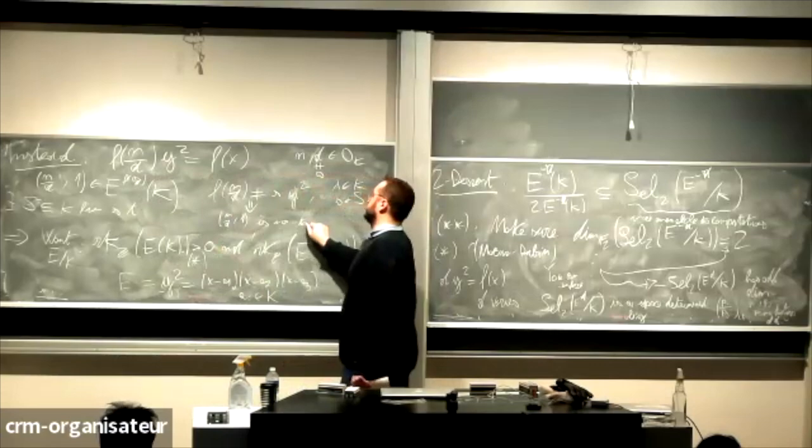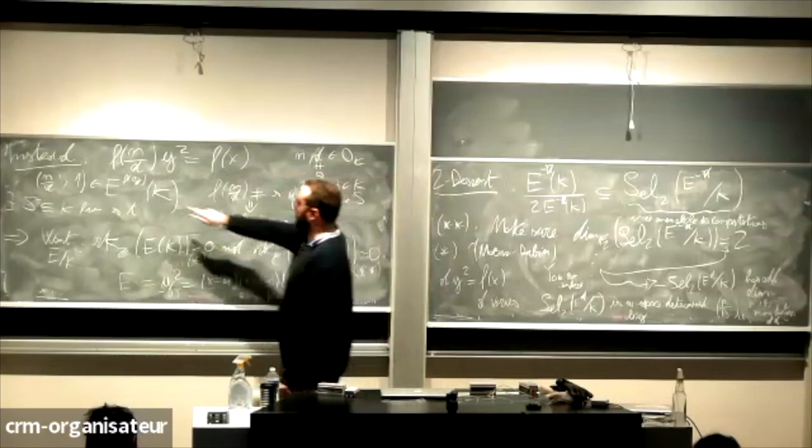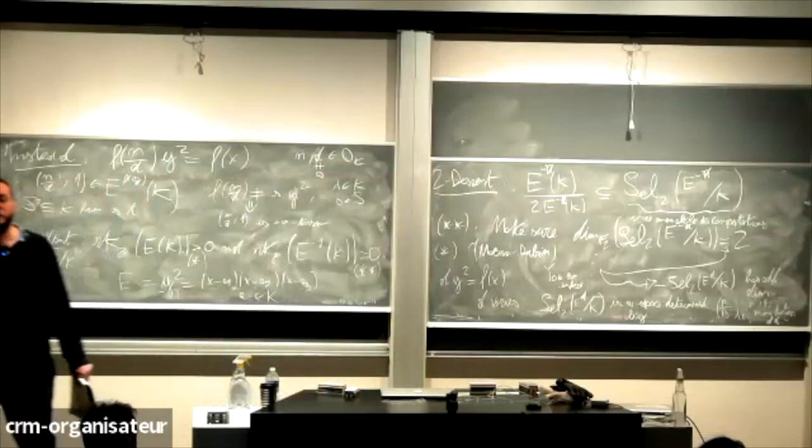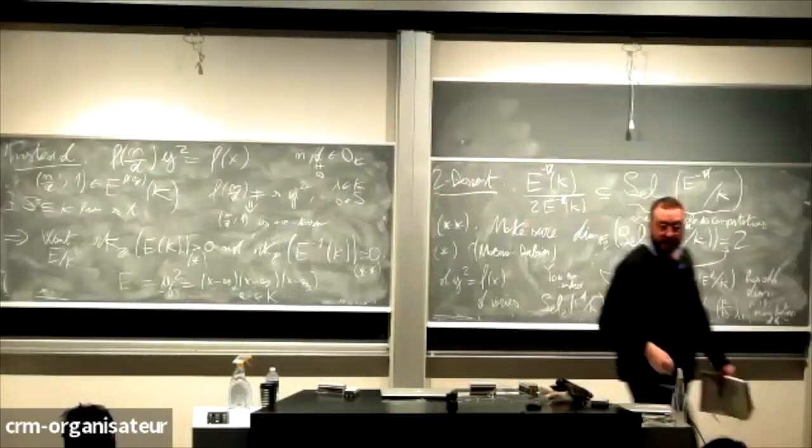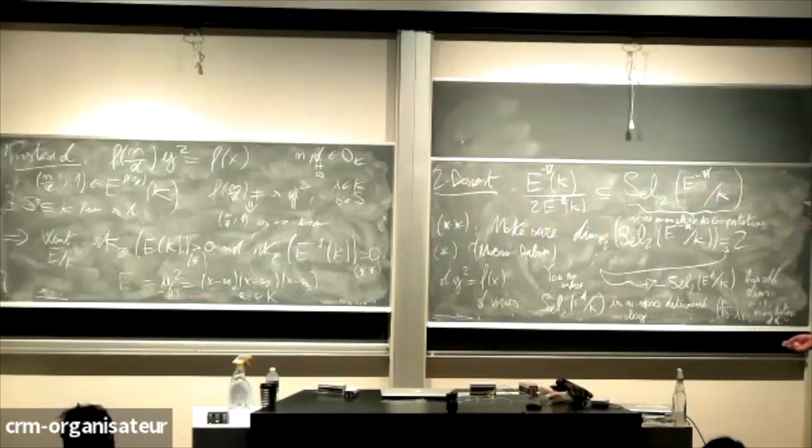So most of the specializations are actually creating a tautological point on the curve, which is non-torsion. There are only finitely many bad specializations up to squares that create a torsion point.